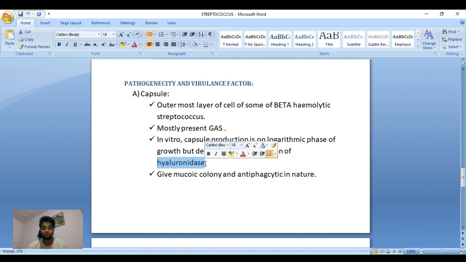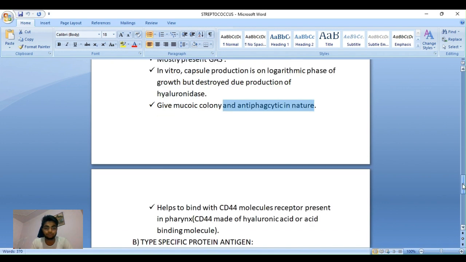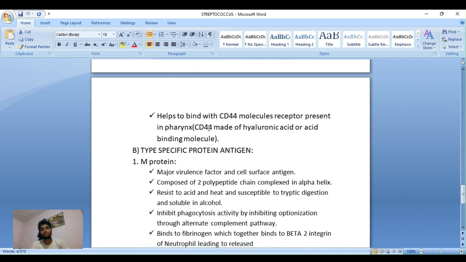The capsule is made of hyaluronic acid, which is already present in the capsule of the streptococcus and gives the mucoid colony. It is antiphagocytic in nature, meaning it can inhibit phagocytosis inside the human body. And the capsule helps to bind with the CD44 cell molecule receptor present in the pharynx, with the hyaluronic acid binding proteins.